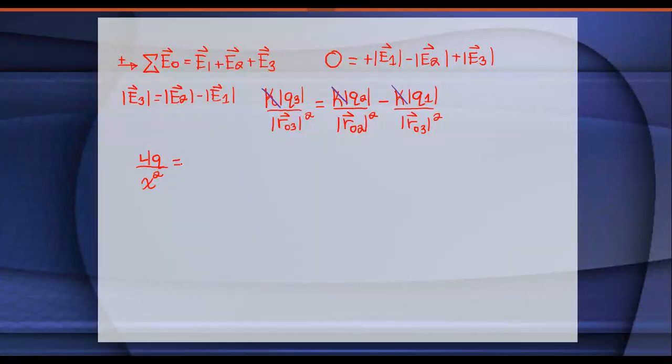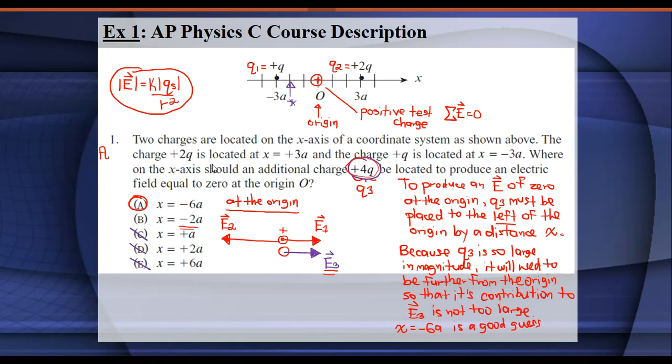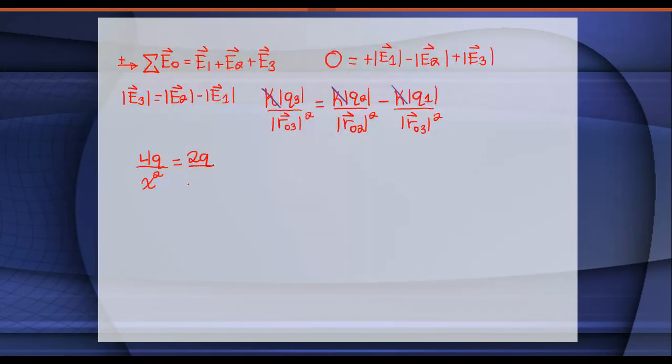Okay, this is equal to the magnitude of charge 2, which is positive 2Q. So we can just write down 2Q here. And then divide by that distance. 2Q is located 3A towards the right. Okay, so that distance would be 3A squared.